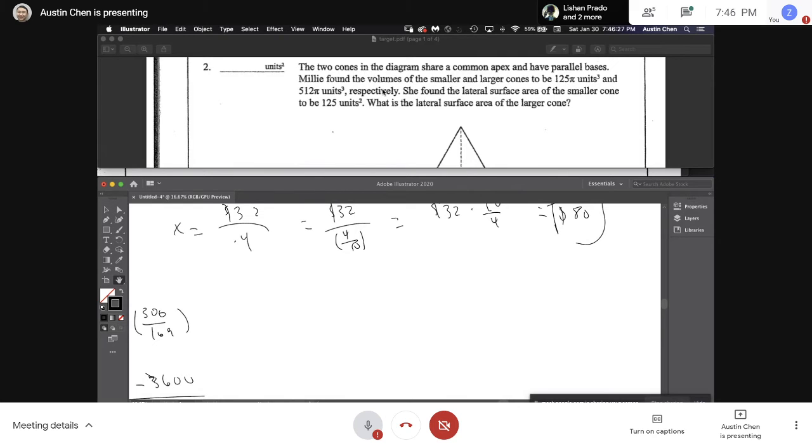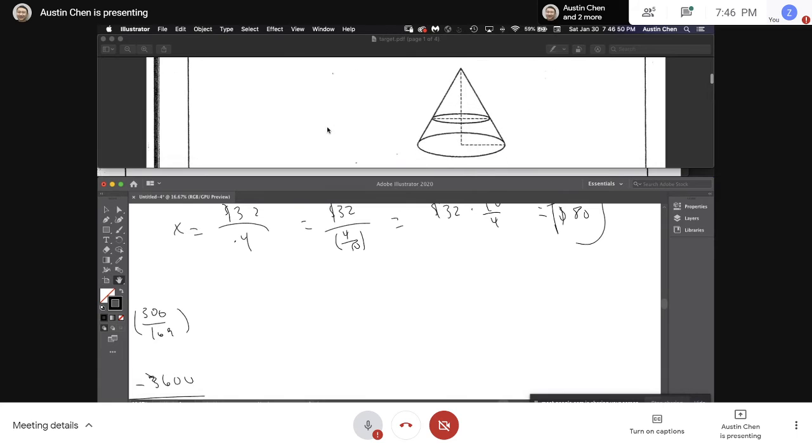What is the lateral surface area of the larger cone? Okay, for this problem, you can use formulas and just solve for the radius and the height and a bunch of stuff like that. But there's actually a smarter way to do this problem.